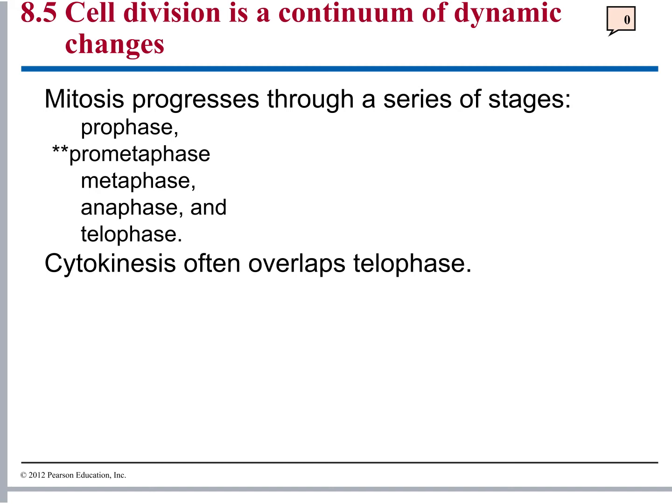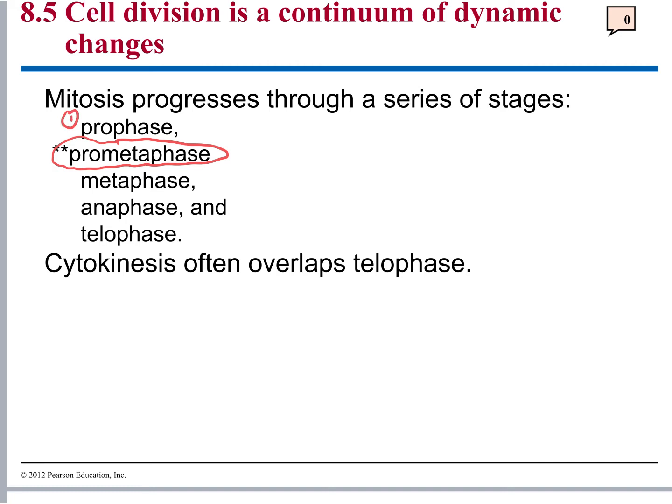Your book also explains a phase called prometaphase. I'm not going to cover that here, but I wanted you to see the term in case you read about it in your book. You can ignore it for testing purposes. It's just an intermediate phase between prophase and metaphase.